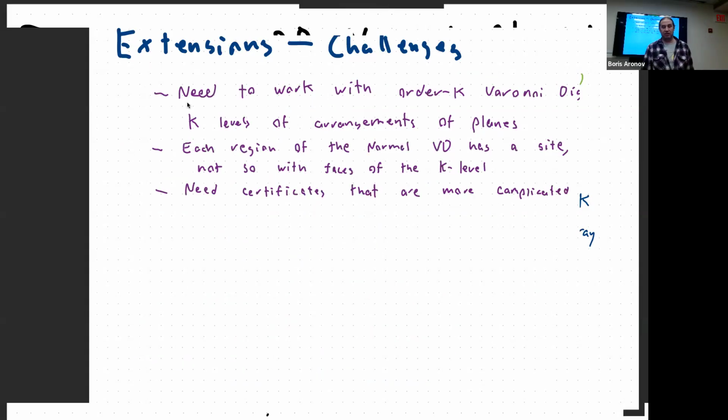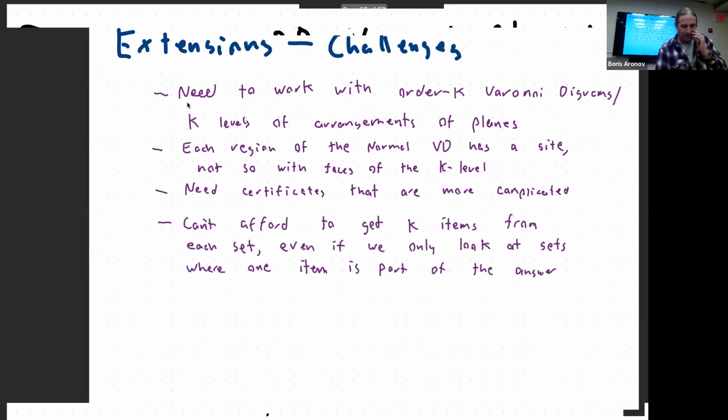Additionally, the needed certificates are more complicated because now I need to exclude a set if none of the points there are among the k nearest compared to what I've seen before. It's much more annoying. And the other thing is, before, once I identified sets that I could query, I could get the closest one here, closest one here, closest one here, and compare.